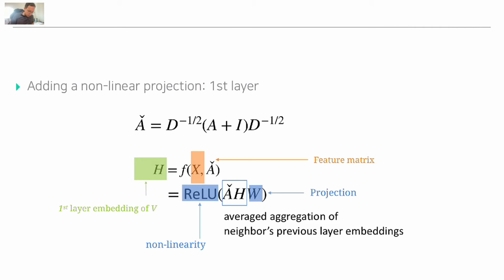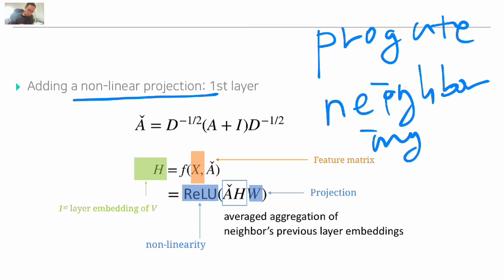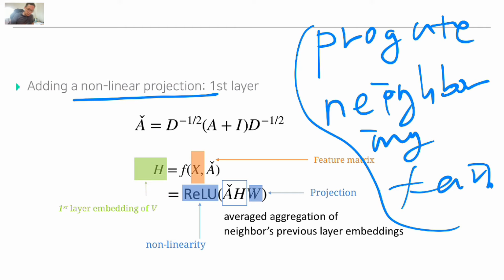So now we're able to consider nonlinear projection. Before we considered nonlinear projection, we were still able to propagate neighboring features.